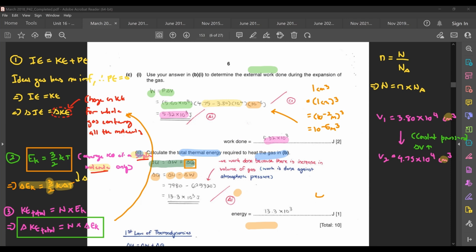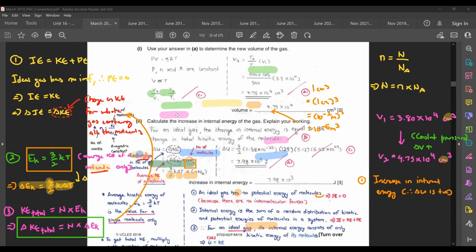But before you sub your values in, just consider a few things. Your case here just now was that you had an increase in internal energy. So your delta U is positive.